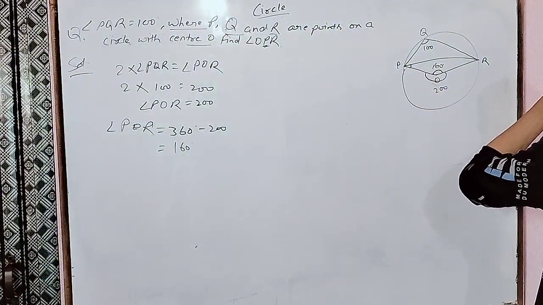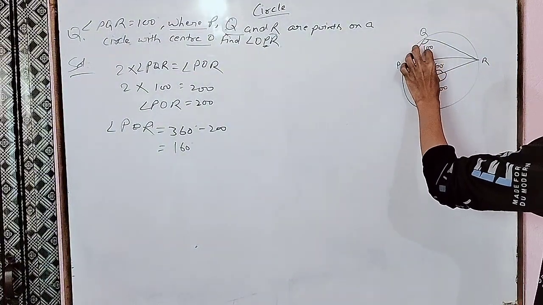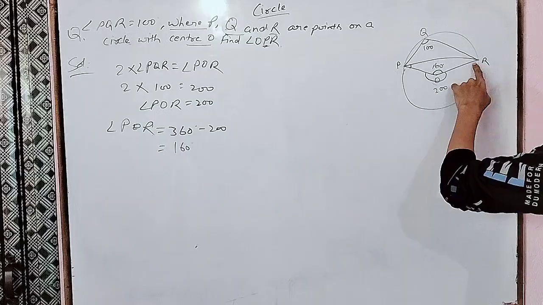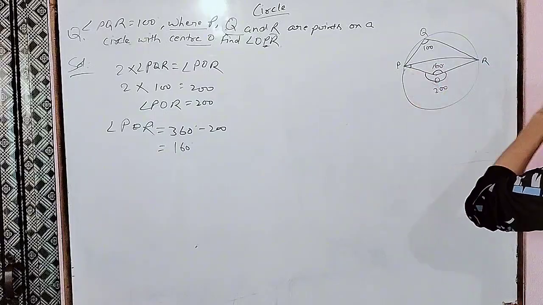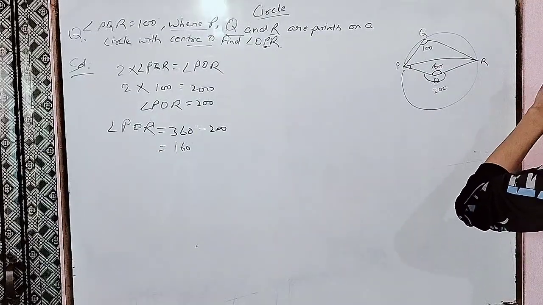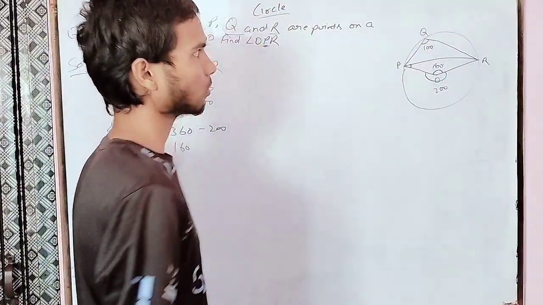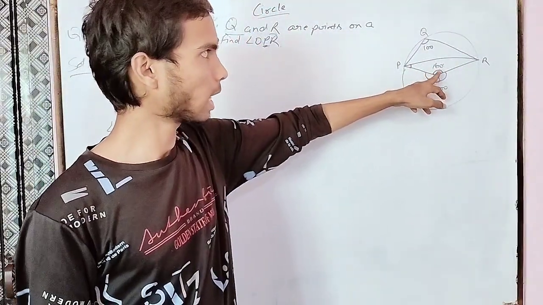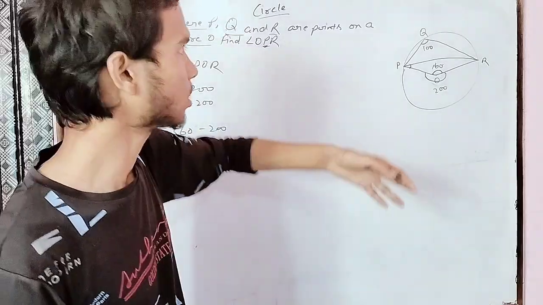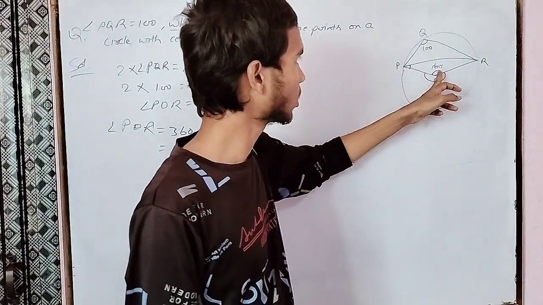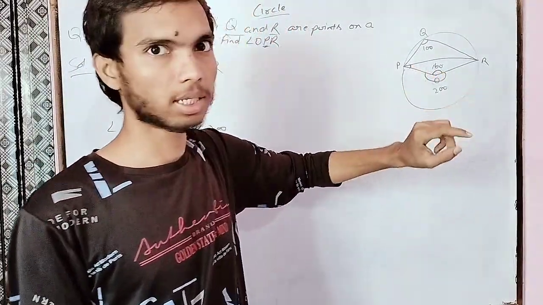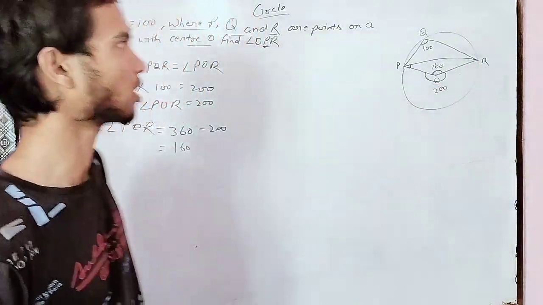Now it was saying find this. Then how to find it? We have been given this, we don't know the value of this. So it will form how much? This is a triangle which is obtuse angled. Of course, these will be less than 90.